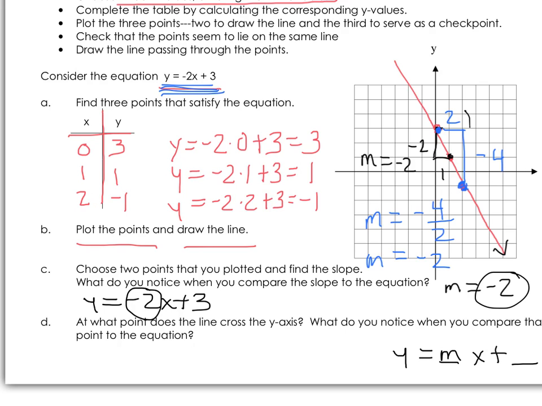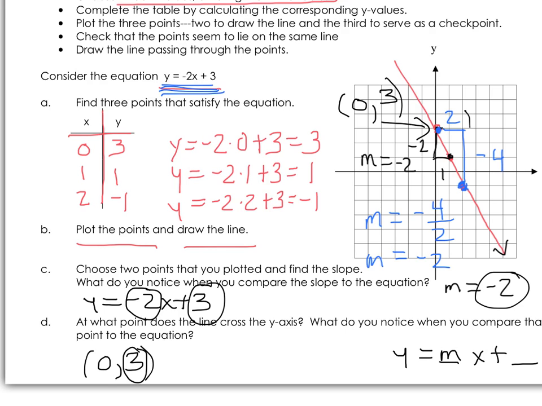At what point does the line cross the y-axis? It crosses the y-axis right there at the point 0, 3. Compare the point 0, 3 to the equation. There's a 3 here, there's a 3 here. Is that a coincidence?